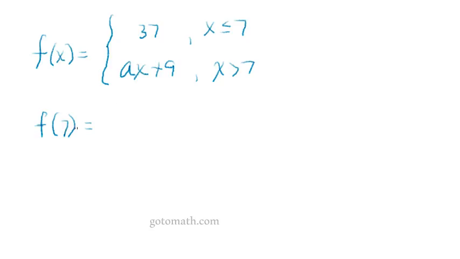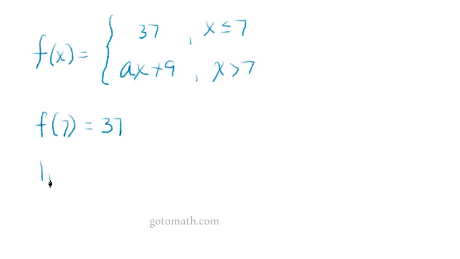We plug in 7, and that means we're going to be using this one up here because this says we include 7. So when we plug 7 in, we get 37 out. So for every value less than or equal to 7, you're going to get 37 out.